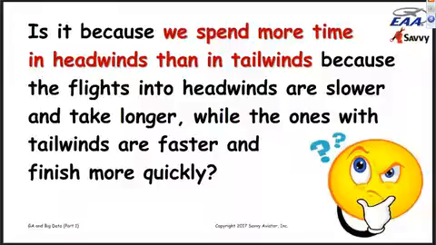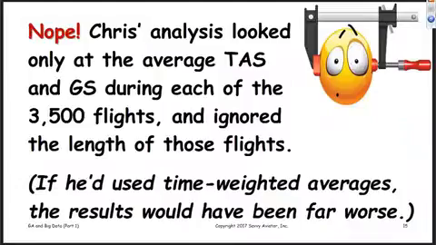But Chris pointed out to me that that was not the reason for the discrepancy that he found, because the analysis he was doing was based on the average true airspeed and the average ground speed during each of those flights. It ignored the length of the flights. If he had been doing the analysis based on time-weighted averages, then the deck would have been stacked much more against the pilots.